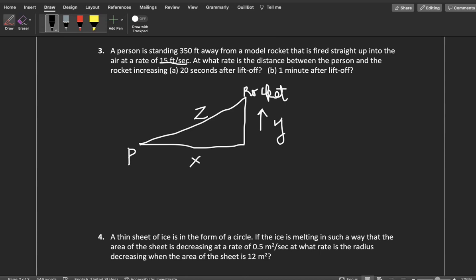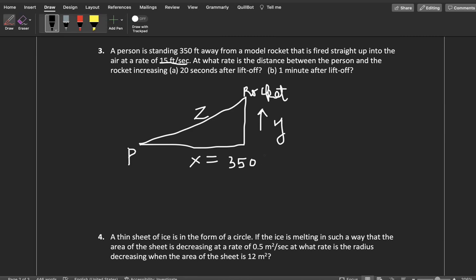We're given already that the value of X is equal to 350, right? Because remember, it says that the person is 350 feet away from the rocket. So we consider that to be the horizontal distance between the person and the rocket, and that is given to us to be 350 feet, okay?